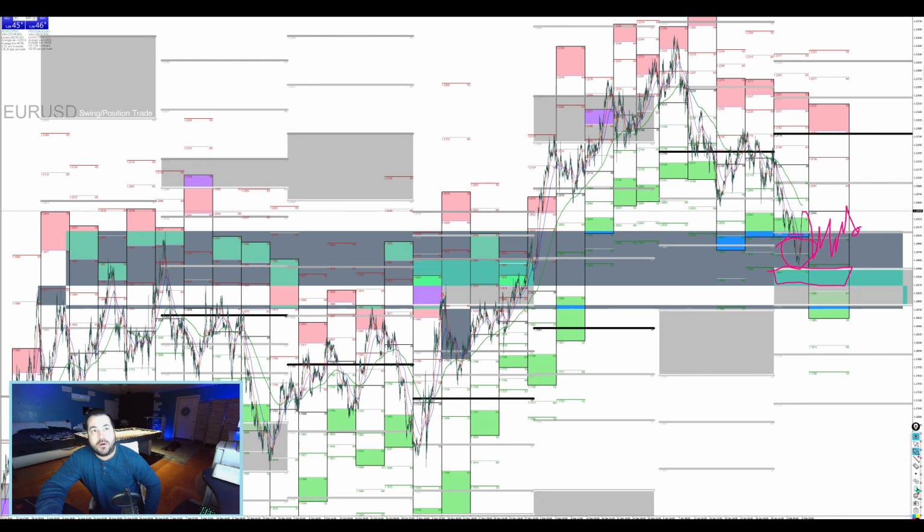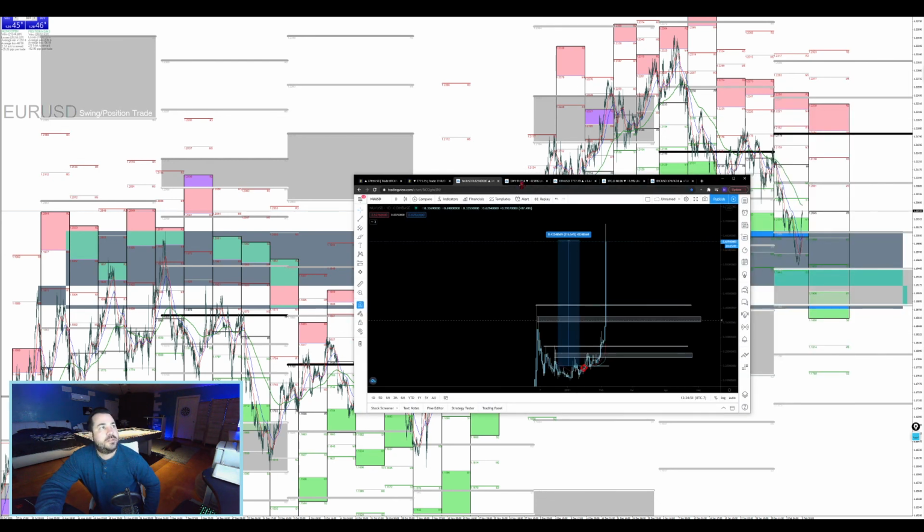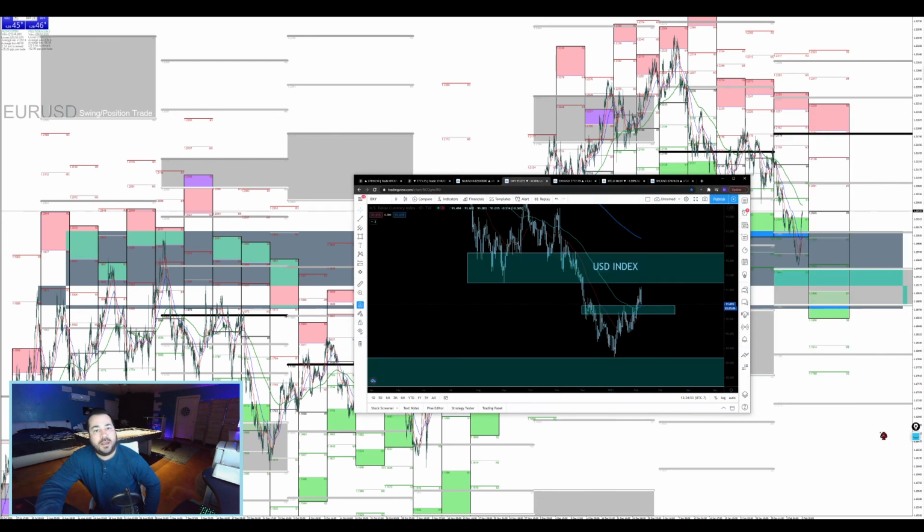I think that we are coming to an end, but I think that there is a little bit more to go with the dollar before we start to fall back down again, which would represent itself in here. Maybe doing some sort of a double bottom and then starting to break out of it by March.